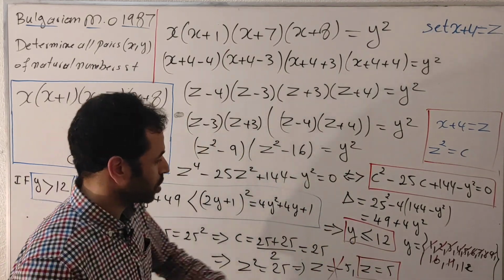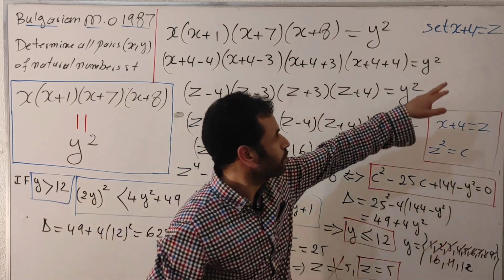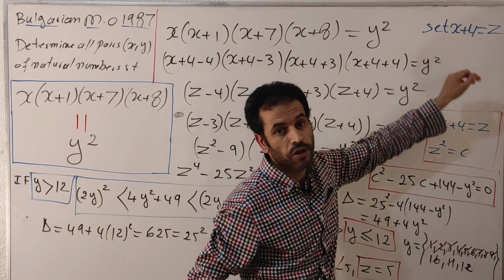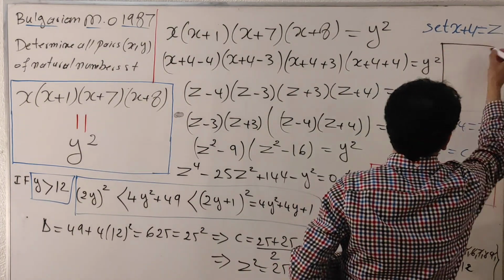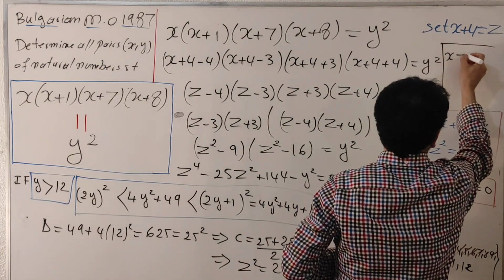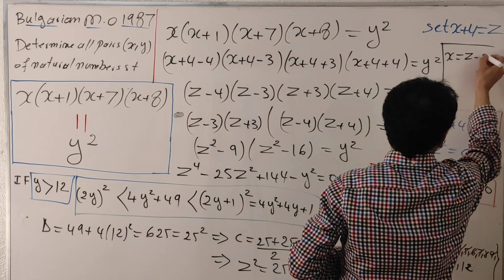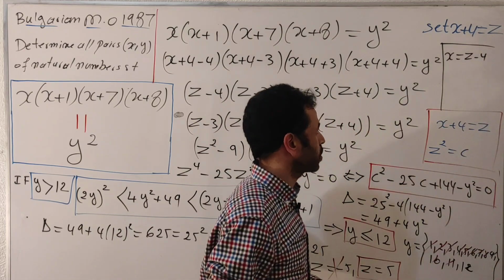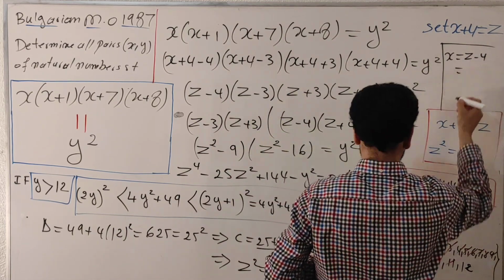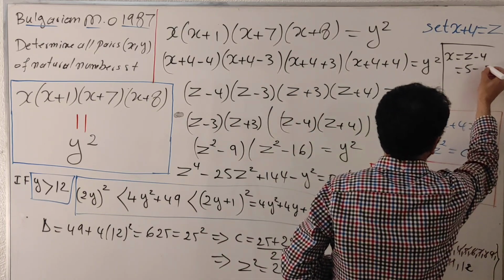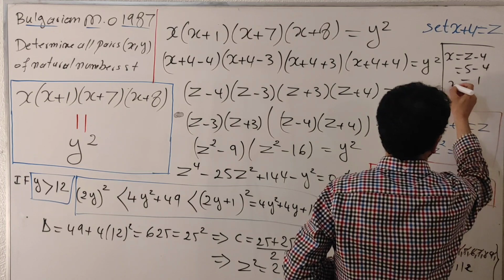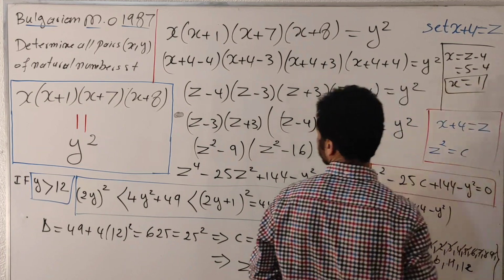Then I'm going to take this value of Z and plug it into the original setup to find X. So we'll have X equals Z minus 4. By moving 4 to the right, I will get Z as 5. Z equals 5 minus 4 gives us 1. So X equals 1 is a solution.